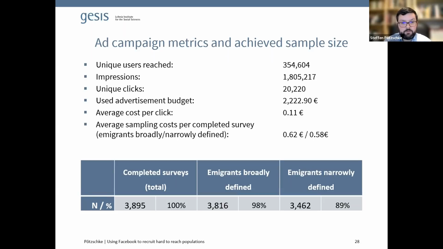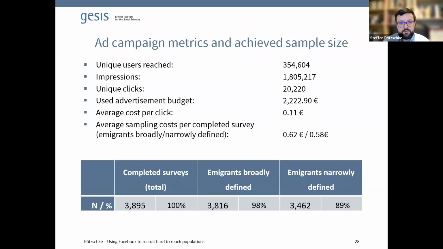And of those, 98% fall in the category of immigrants if we apply a broad definition, which means in this case that they were either born in Germany or held German nationality. And even 89% were immigrants in a more narrow sense, meaning that both of those aspects applied to them.